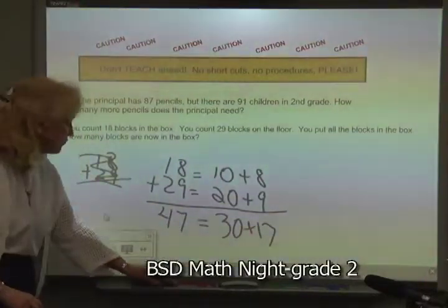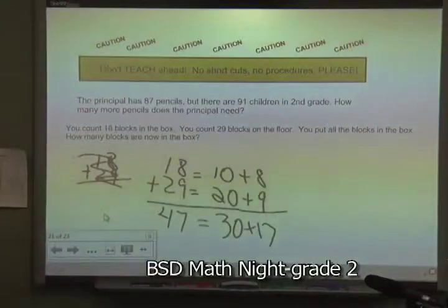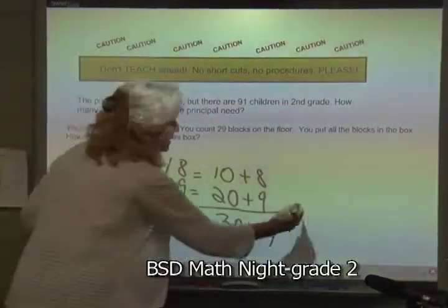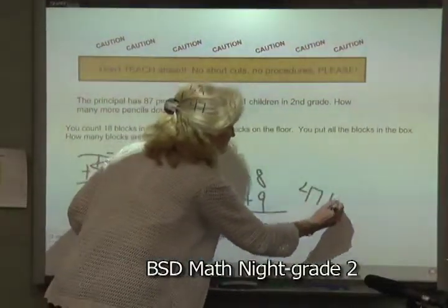There are 47 blocks in the box. And we would say 47 blocks because labeling is important.